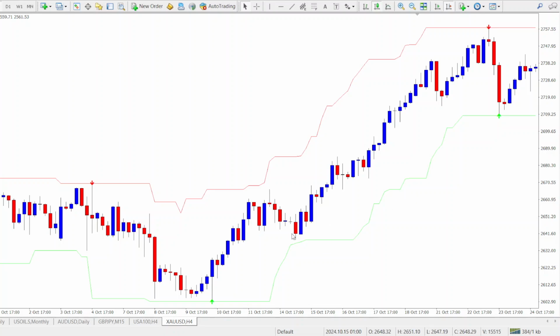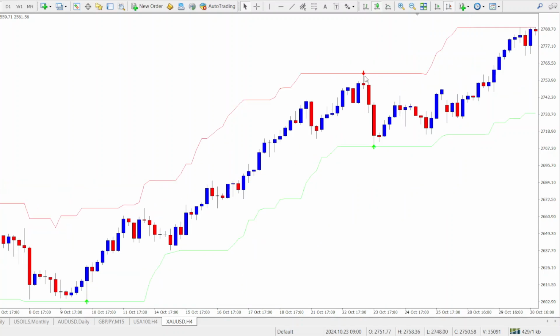You can see that the indicator, in addition to the channel, also makes use of arrows. The arrows give you entry and exit signals. For example, we can see that this arrow that formed here was a buy signal, and the formation of this red arrow was a sell signal.